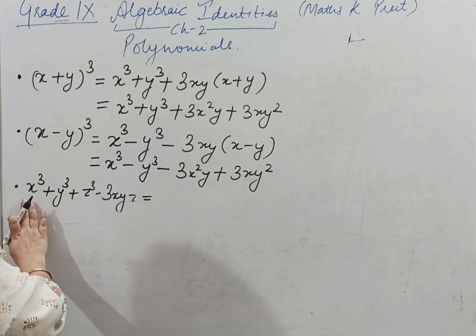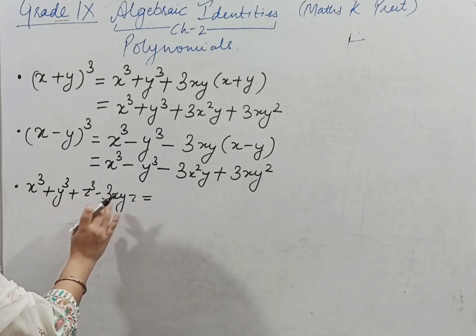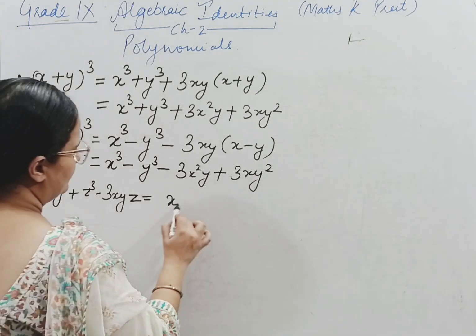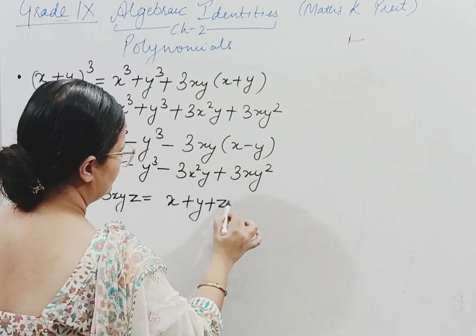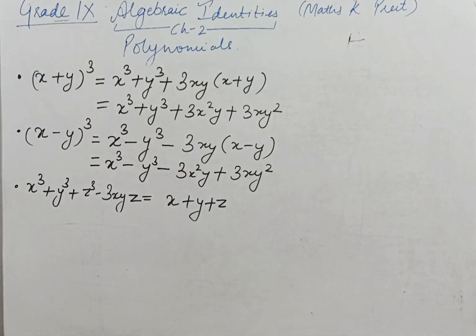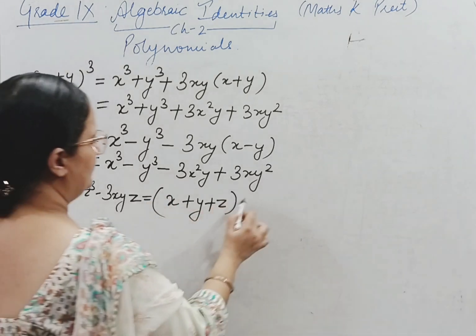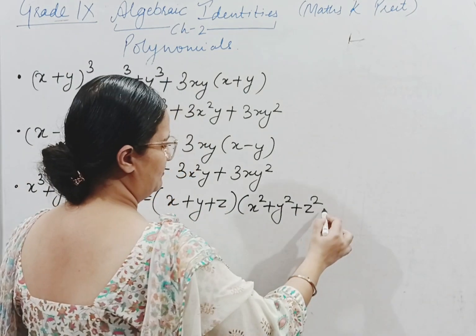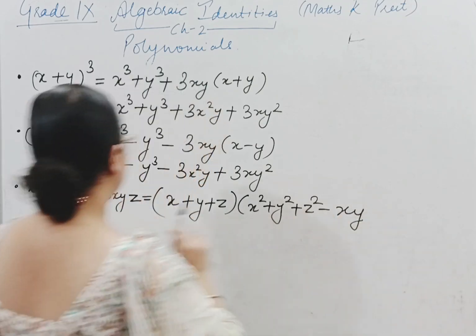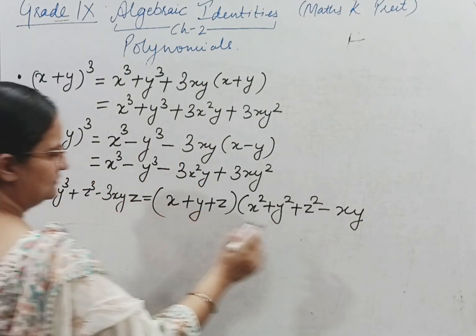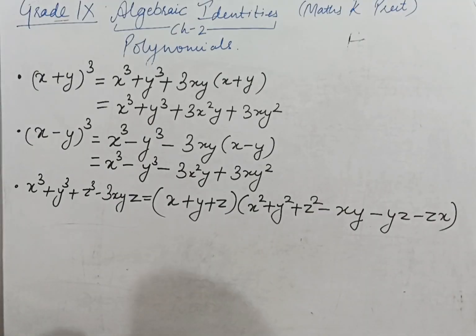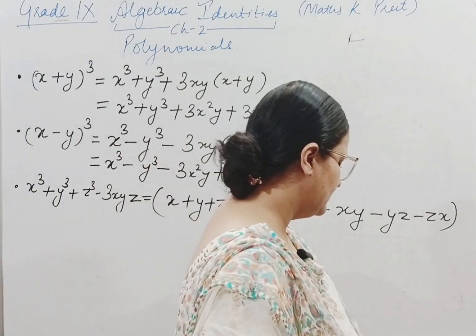So this can be written as x cube plus y cube plus z cube minus 3xyz. See, the expansion for this is equal to x plus y plus z in one bracket, then x square plus y square plus z square minus multiplication of first two terms, minus yz minus zx. These are the last three identities according to the book.